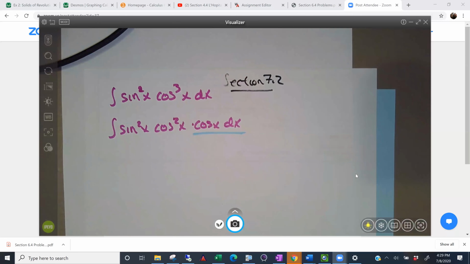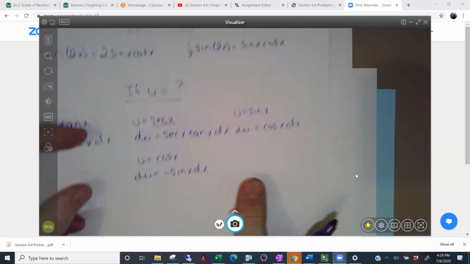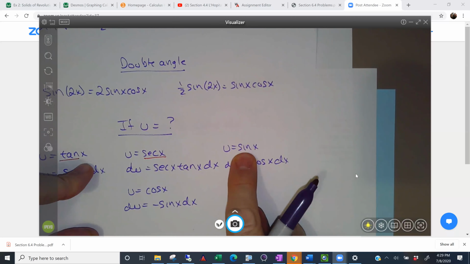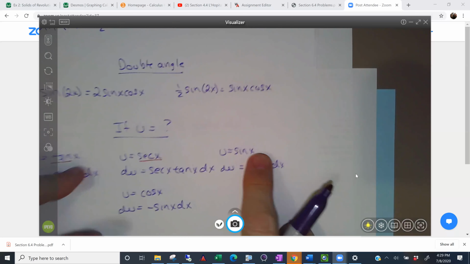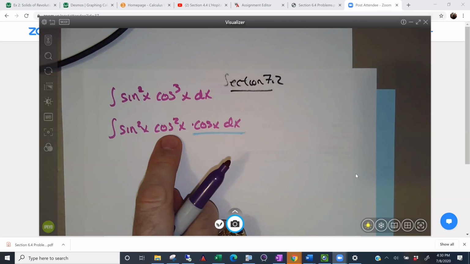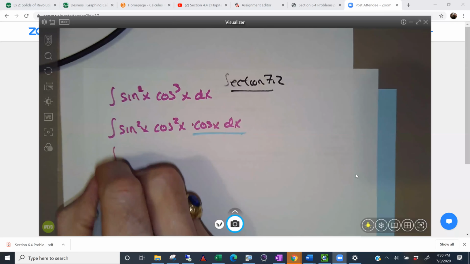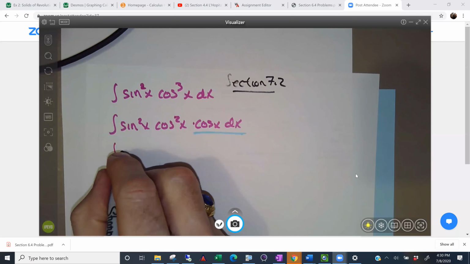Let's look back at our little substitution guide. Cosine of x dx is the du term for this kind of a substitution, if I had u equals sine of x. But right now, this problem has sines and cosines. So I'm going to get rid of the cosines this way.